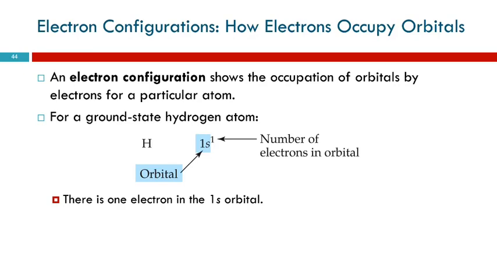And there's only one orbital there, so it's going to be in that orbital, the s orbital. So 1s, that is the lowest energy orbital. And then we have a superscript 1 to say there's one electron in there. So this is like the first floor S room, and there's one person staying there.